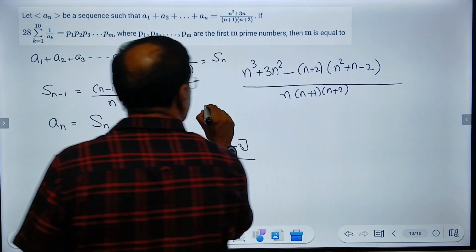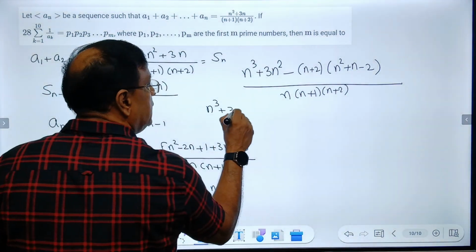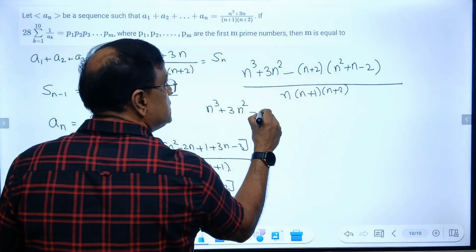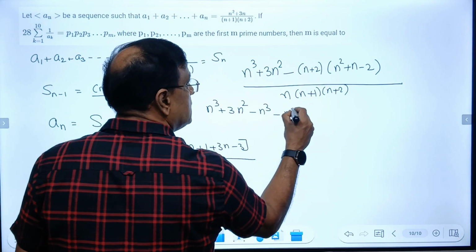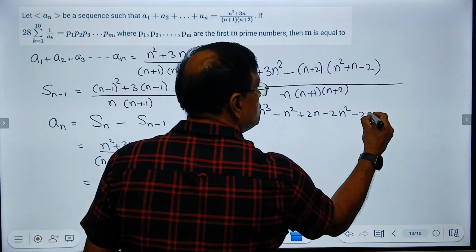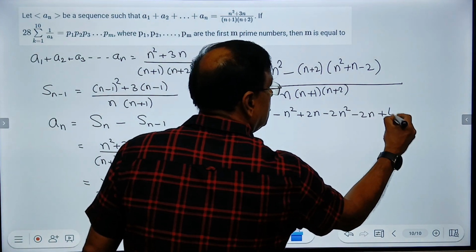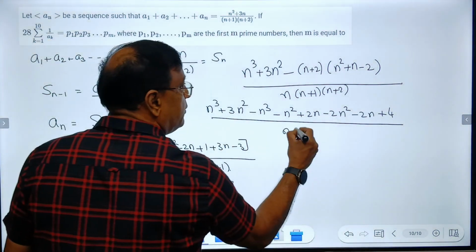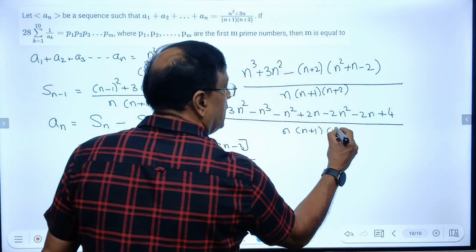Now open the bracket on the numerator: n cube plus 3n square minus n cube minus n square plus 2n minus 2n square minus 2n plus 4, divided by n into n plus 1 into n plus 2.